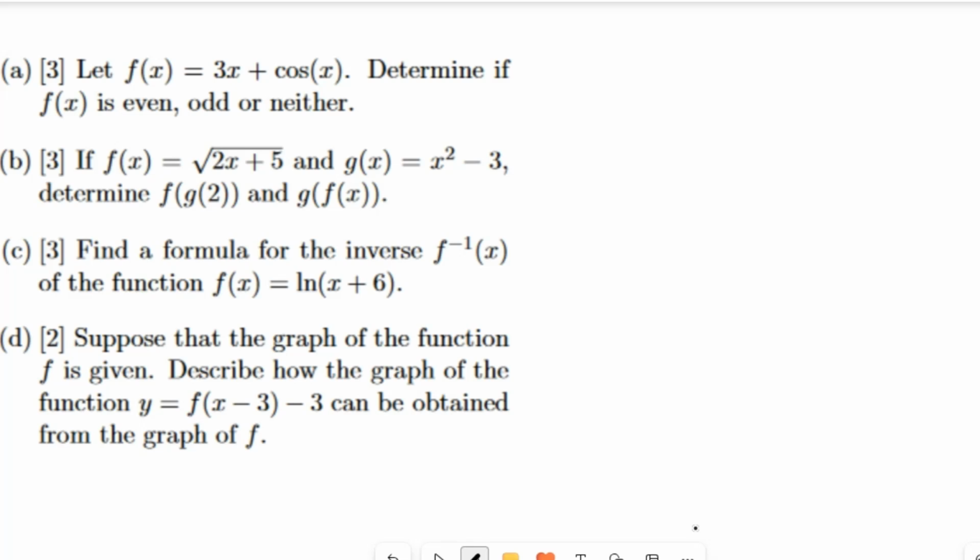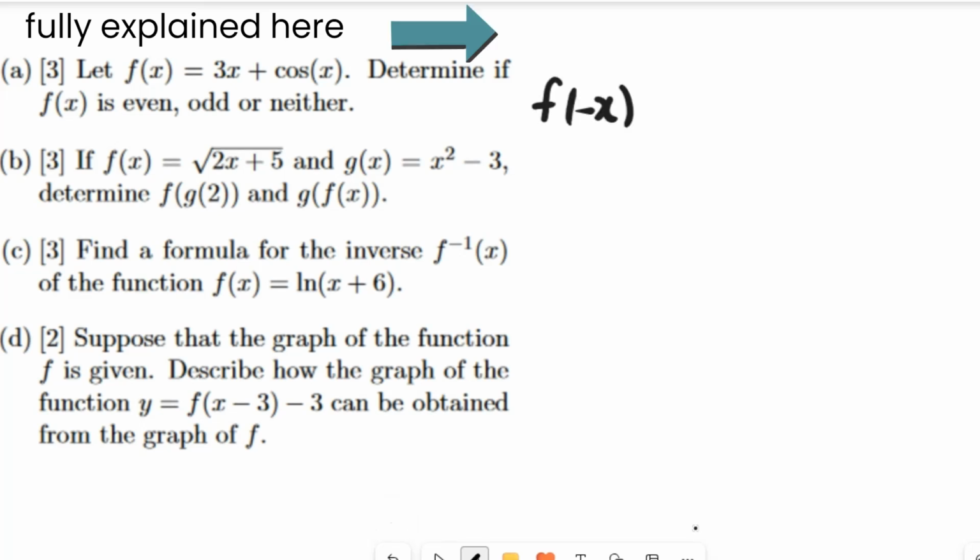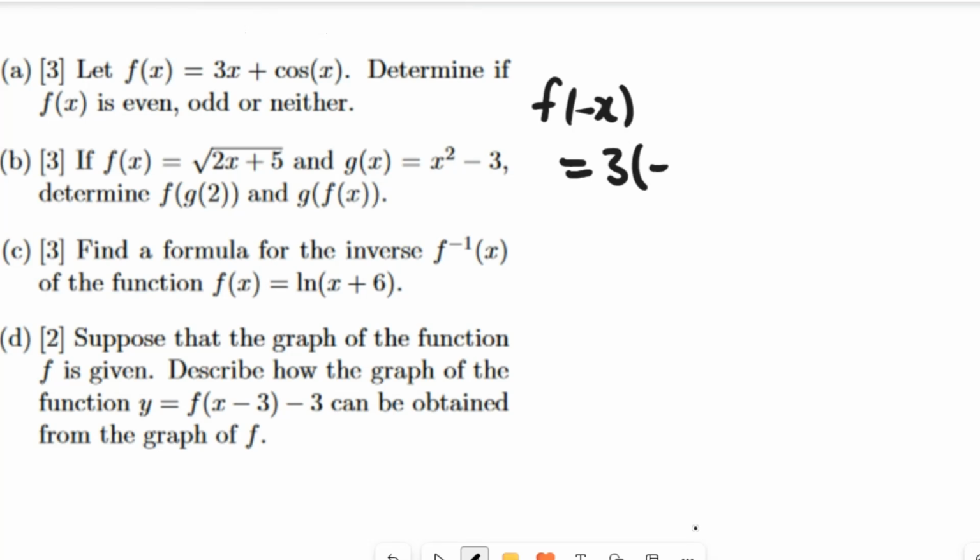Alphabet A. Let f of x be equal to 3x plus cos x. Determine if it is even, odd, or neither. To test those properties, you want to test what is the value of f of minus x. That value will be 3 times minus x, you replace every x with minus x, plus cos of minus x.